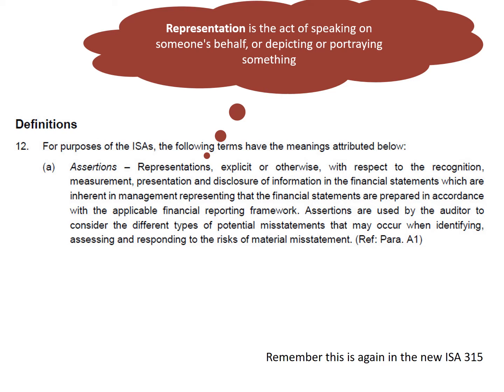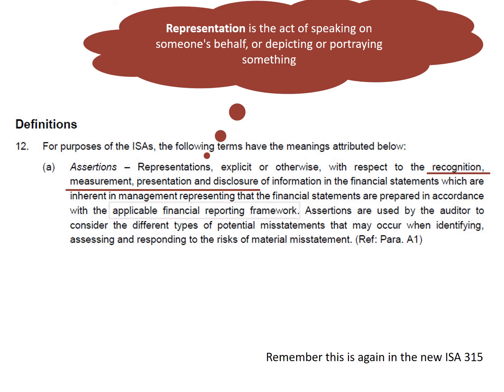So thinking about the financials, the management is actually making representations on behalf of the financial statements. So can you see here, what do they say? They say something about the recognition, the measurement, the presentation, and the disclosure of the information in the financial statements. So they make a representation about how they actually recognized, measured, and presented information in the financials.